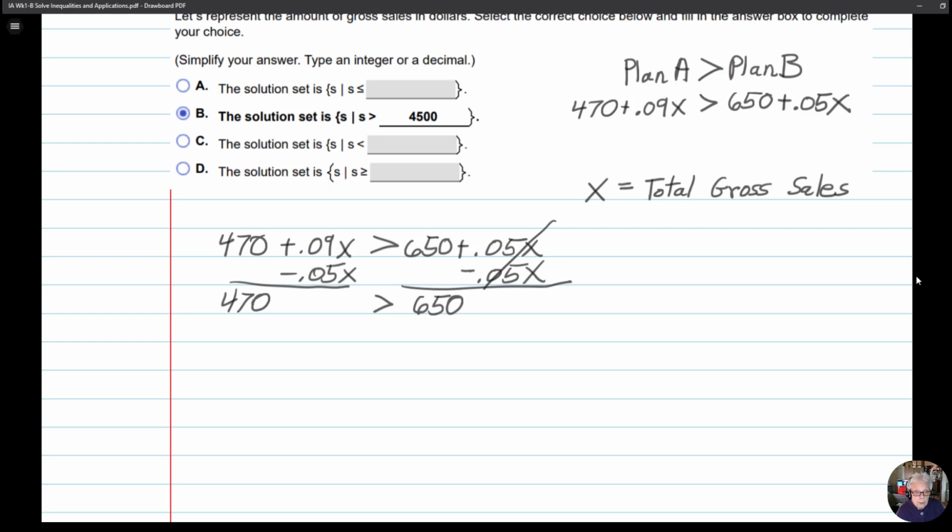Positive 0.09x minus 0.05x is going to be positive 0.04x. Now I will subtract 470 from both sides of the inequality.